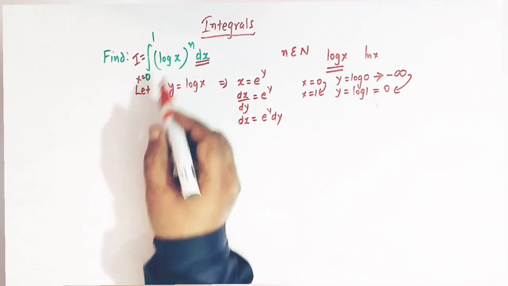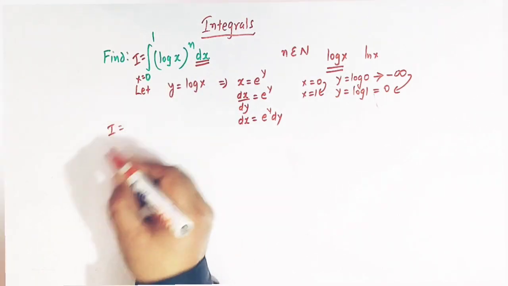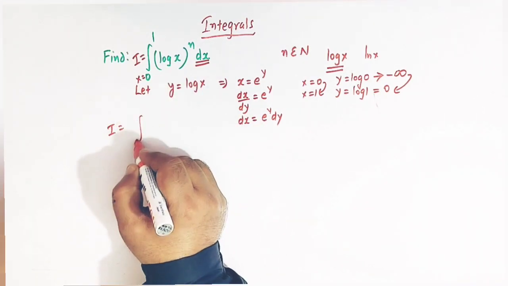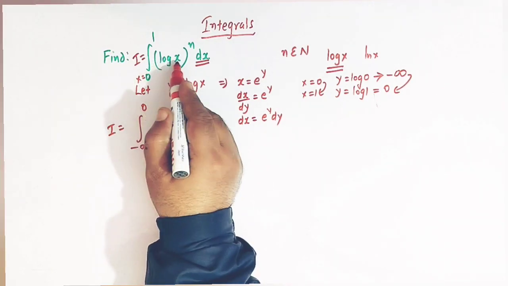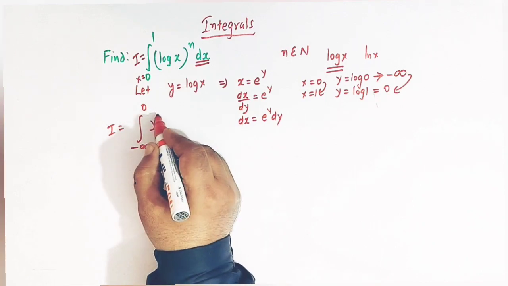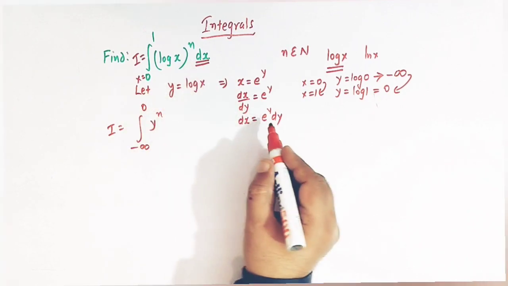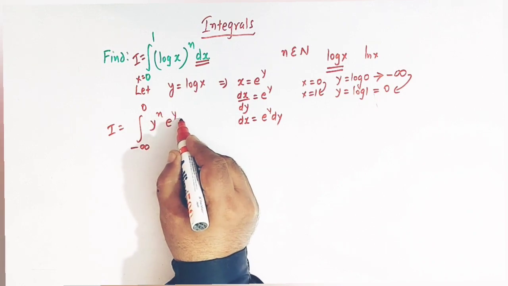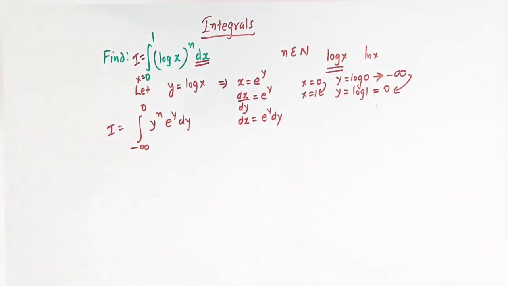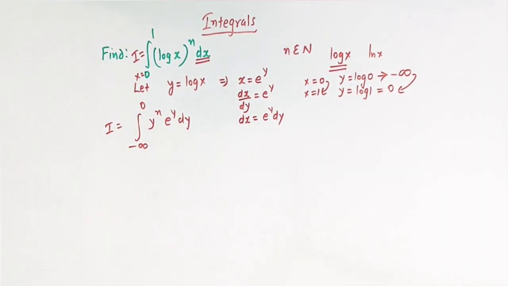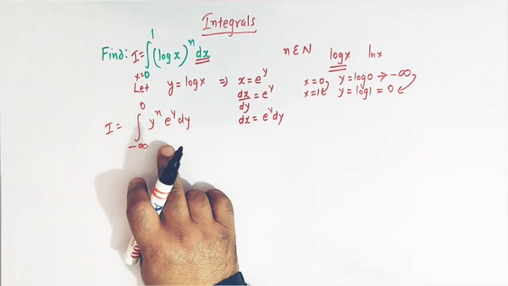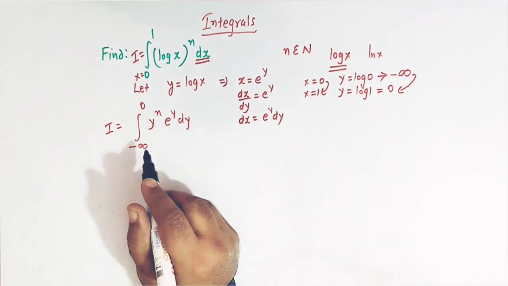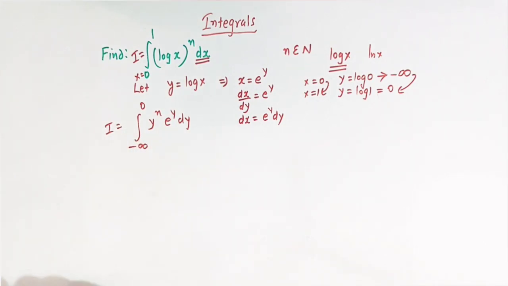So now we can write this integral I in terms of y as the integral from minus infinity to 0. Then log x is replaced by y, so we have y raised to n, and dx is e raised to y dy, right? So now we have this integral. Now to move further, we'll again make use of the method of substitution.